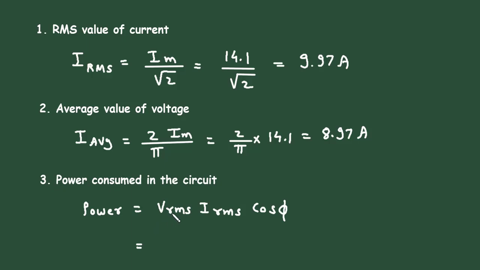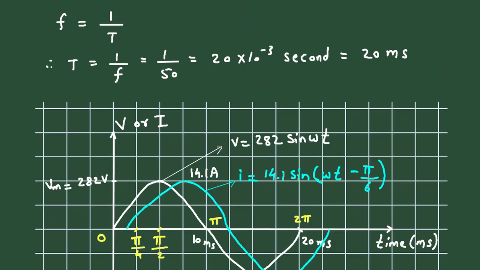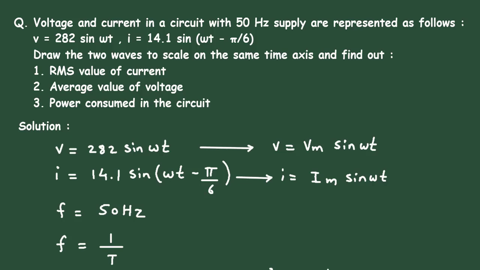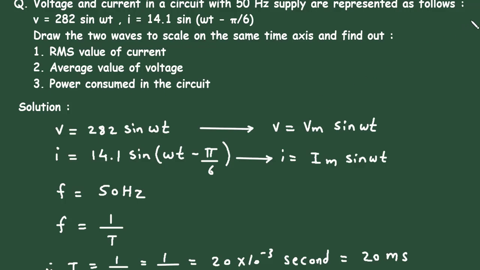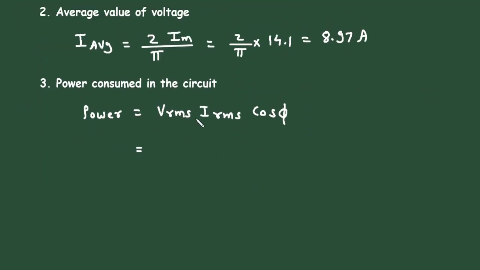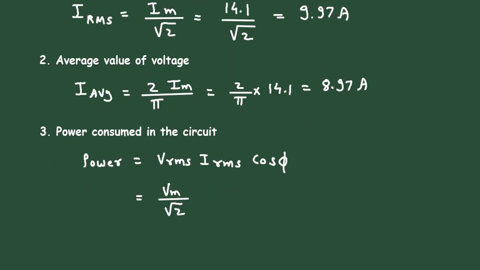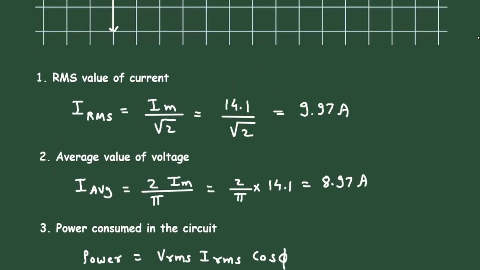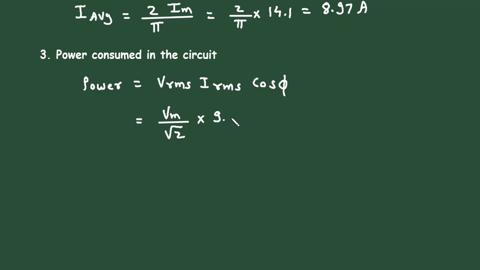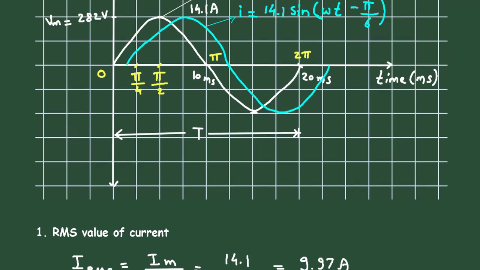The value of Vrms we can write as Vm divided by root 2, and we know the value of Irms, which is 9.97, into cos of phi.